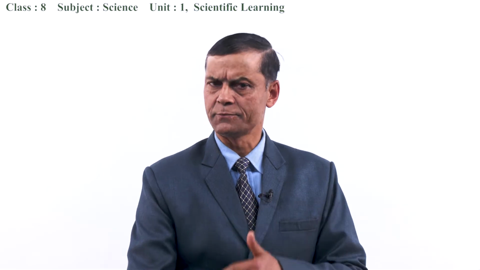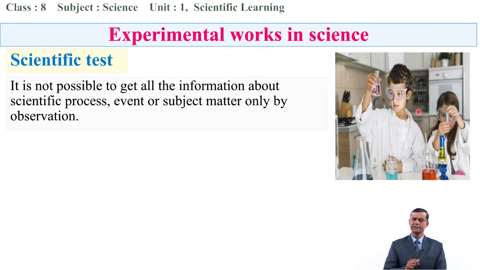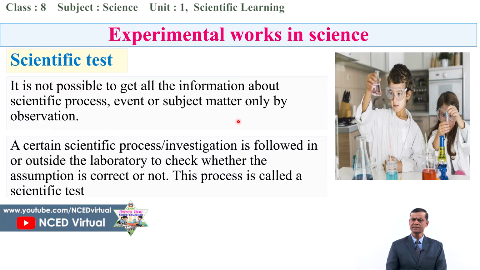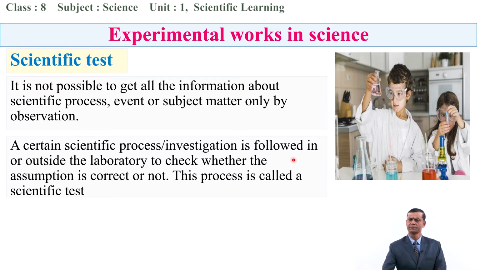We have to follow scientific skills. Dear students, it is not possible to get all the information about a scientific process, event or subject matter only by observation. In experimental work in science, observation is one step, one process, but observation alone cannot prove, justify, or verify all problems and issues. So what do we have to follow after that? A certain scientific investigation process is followed in or outside the laboratory.